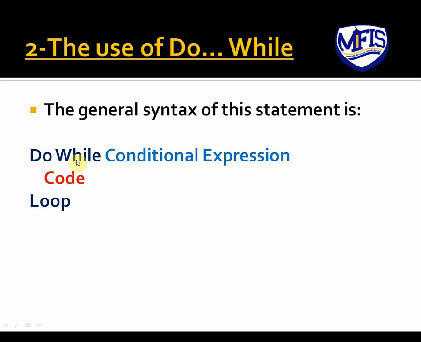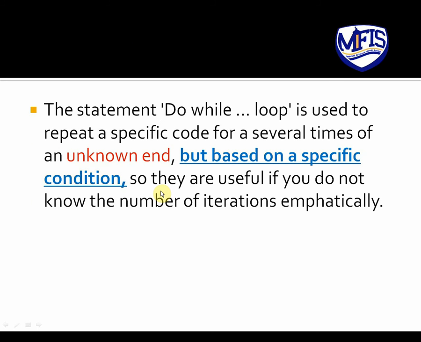Between do while and the word loop, we write the code that will be repeated. As long as this condition is true, the code will be repeated. But once this condition is false, it will get out of the loop.